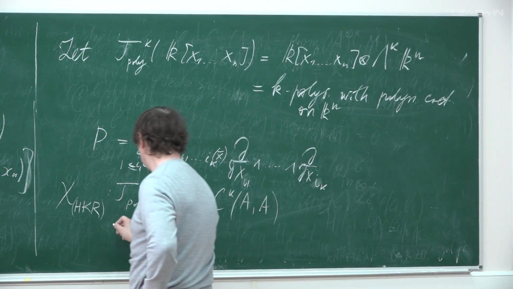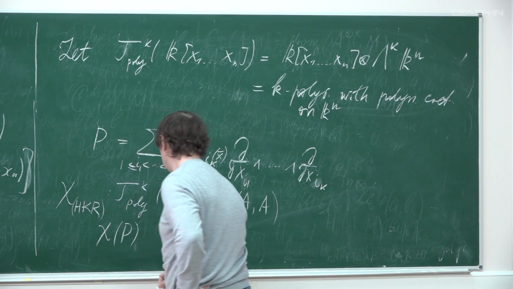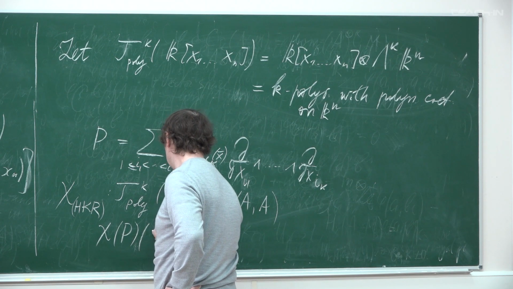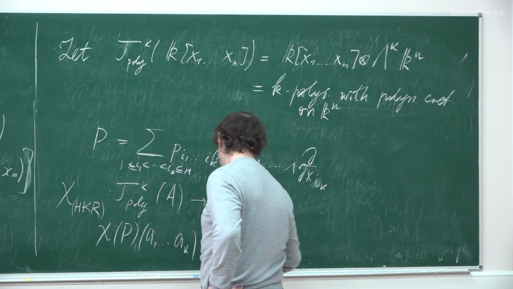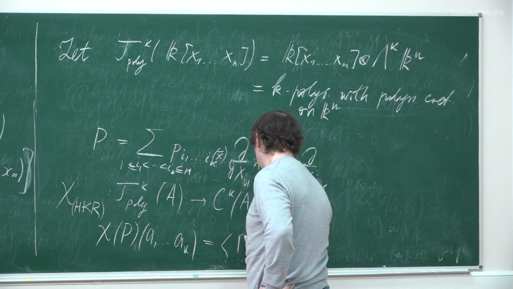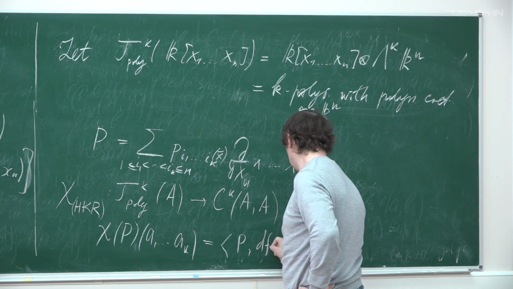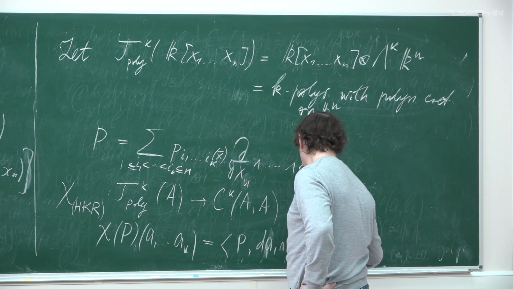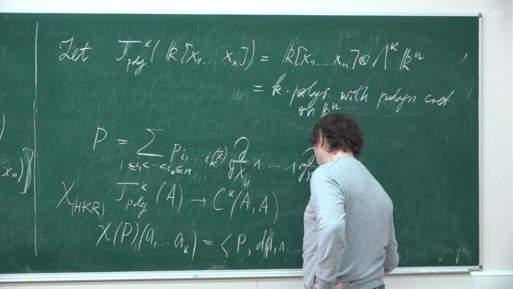The map is given by, if you take the polyvector P and apply it to elements a1 through ak, you just take the usual thing. You take this polyvector and pair it with da1, ..., dak, the differential forms.